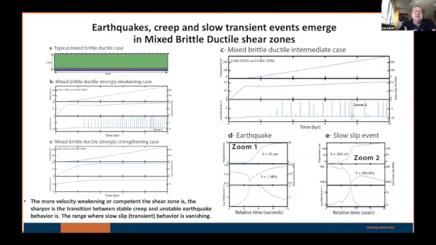And basically, what we found is that in this very complex shear zone, because there's both this kind of brittle behavior, weakening and strengthening behavior of a fault zone or a rate and state shear zone, and the ductile behavior, we can have, in the same kind of cycle, slow slip events, earthquakes, or creep, for basically different ratios of brittle versus ductile behavior.